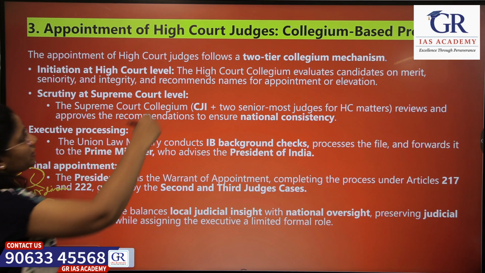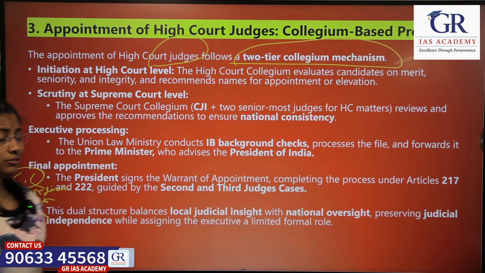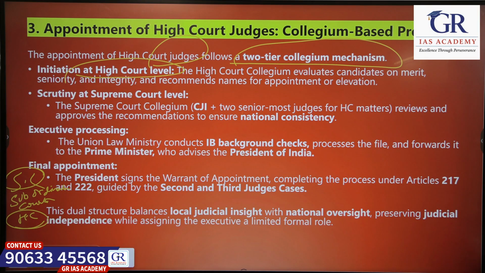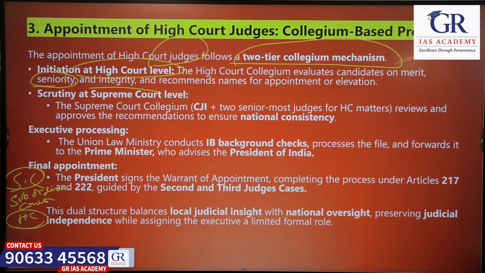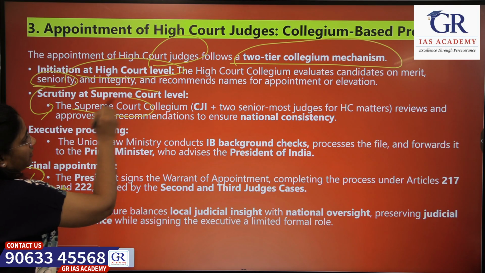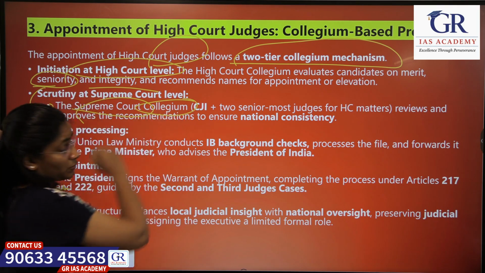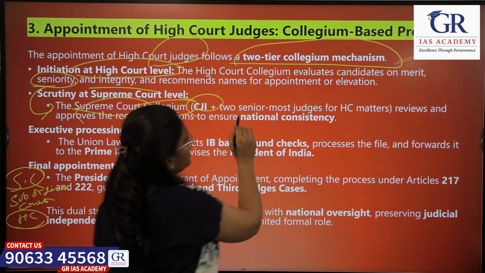High Court judges follow a 2-tier mechanism. First, at the level of the High Court, the Collegium sends a recommendation based on merit and seniority, and then this is sent to the Supreme Court. The Supreme Court examines these recommendations with the help of the Supreme Court Collegium, which has the CJI and 2 senior most judges.